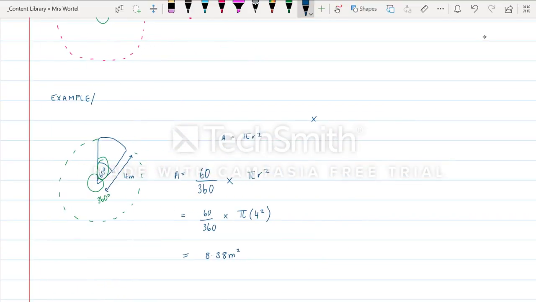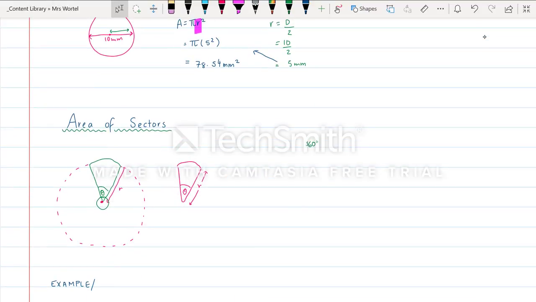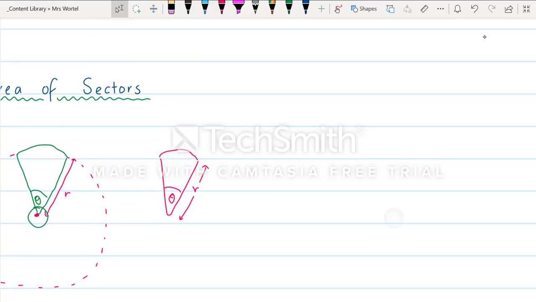Now, if we want to just generalize that, let's go and write a rule up above. So when we want to find the area of a sector, the rule that we use is area is equal to theta over 360. So that's just the angle that we're working with, multiplied by pi r squared.